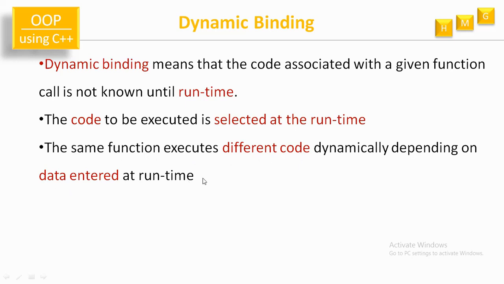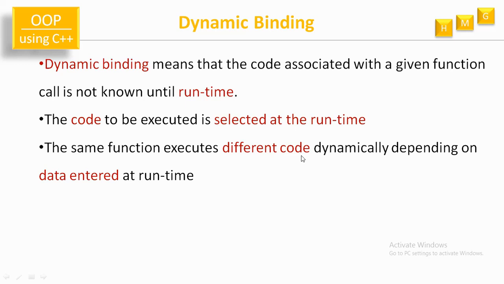For example, there is an area function. If I enter a radius, the area function executes the code of calculating the area of a circle. If the data entered at runtime is length and breadth, then the area function executes the code to find the area of a rectangle.